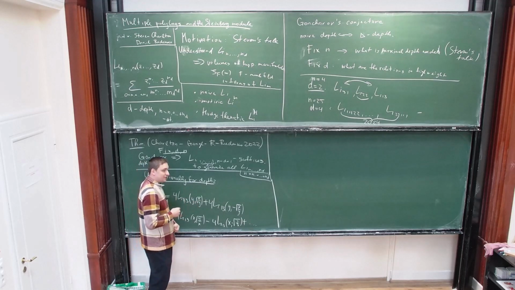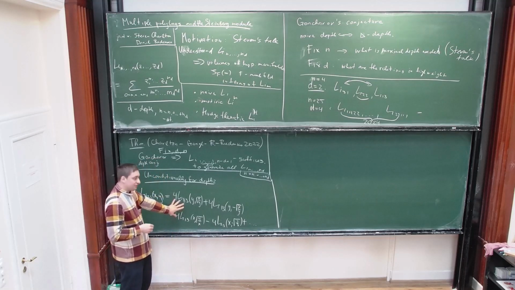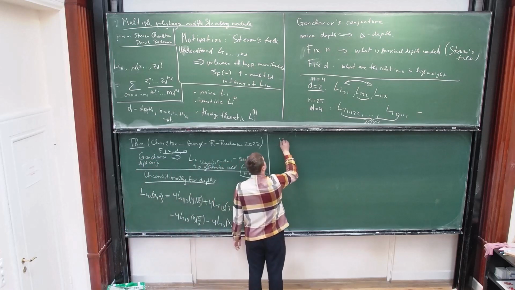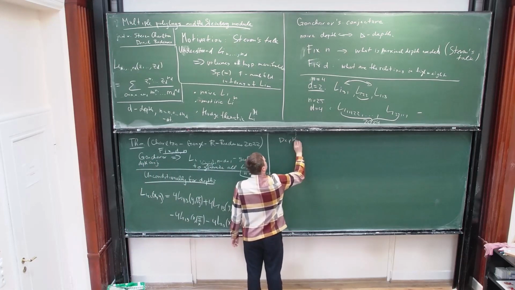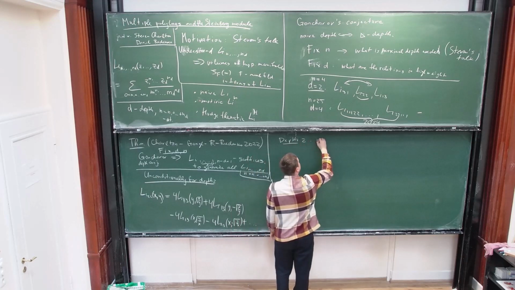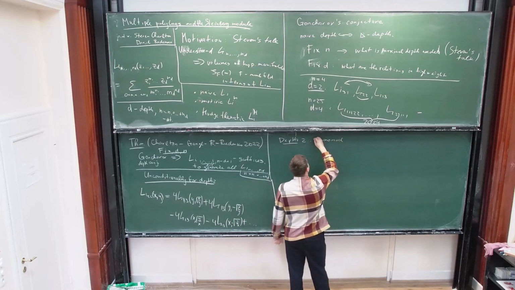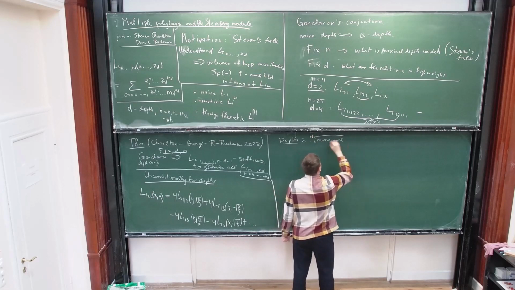Is that enough for depth 2? It's always the case in depth 2. So for depth 2, it's always monomial, well, nth root of monomial arguments.